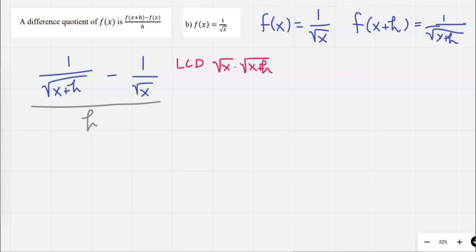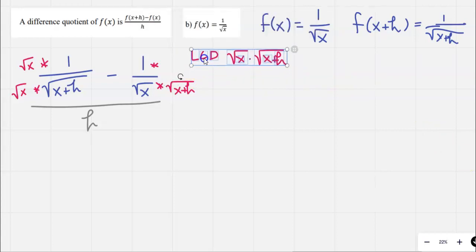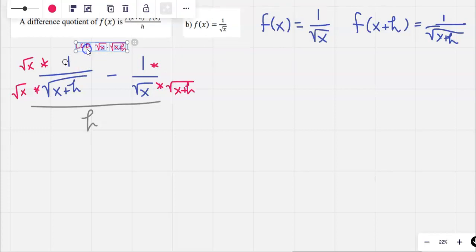So that means I'm going to multiply my first term by the square root of x plus h, top and bottom, and I'm going to multiply my second term by the square root of x, also top and bottom, numerator and denominator. I'm going to move this out of the way so I've got a little bit more space. Okay, cool.